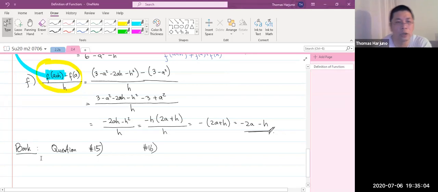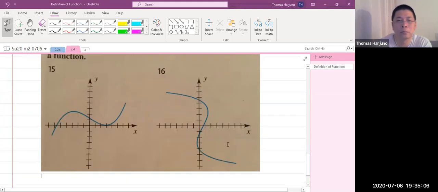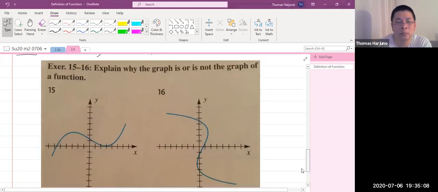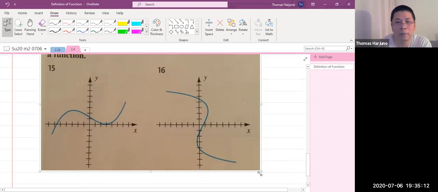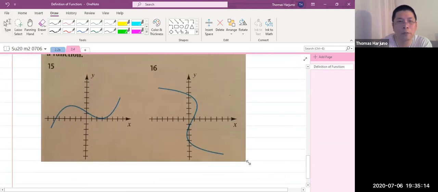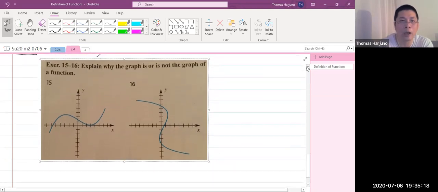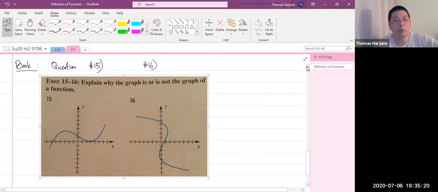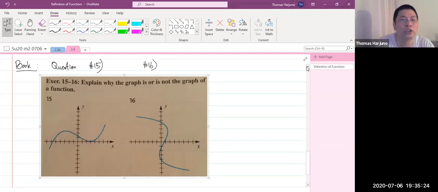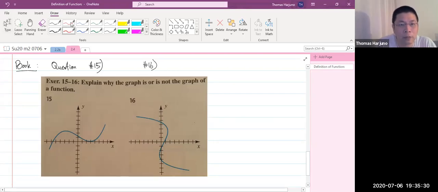Okay, let me quote it here. How do we know if number 15, for example, is the graph of a function? Or if not, why? How do we know those? For number 15, once you are given a graph, you can check right away, just visually, if it is a function or not.